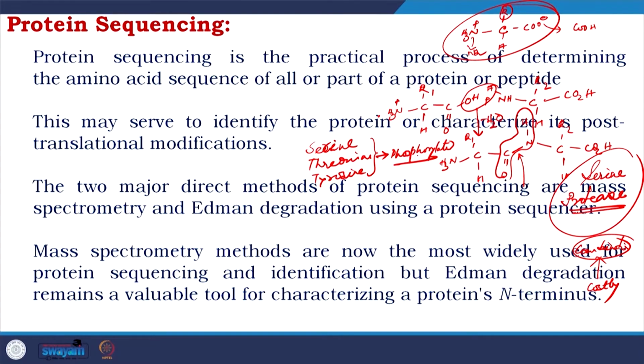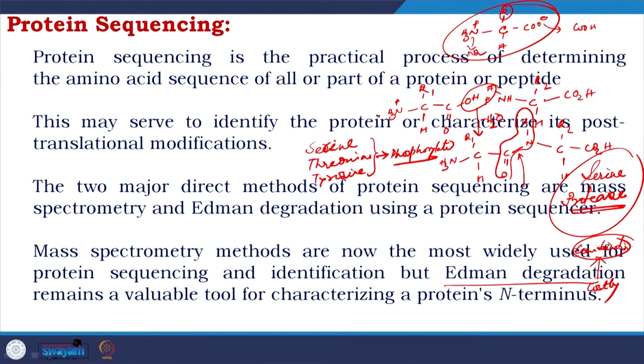Mass spectrometry methods are now most widely used for protein sequencing and identification, but Edman degradation remains a valuable tool for characterizing a protein's N terminus. Sometimes, as I told, these are template based, so you know a little sequence in the N terminus and you could find out the protein.